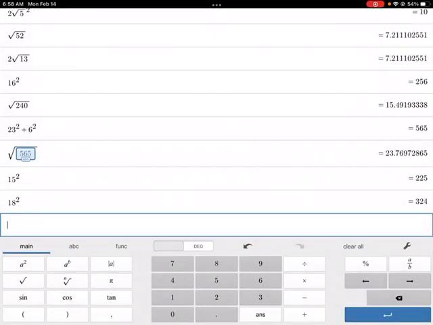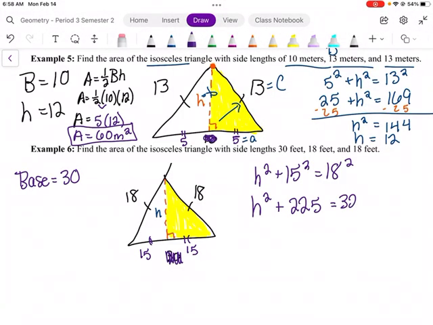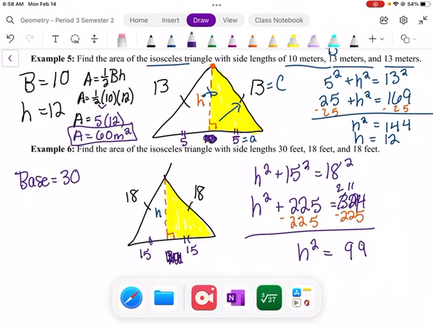And then we will subtract that 225 on both sides. And that'll leave us with h squared equals, let's do some borrowing here. Let's see if I did that right. Yep, 99. Okay.